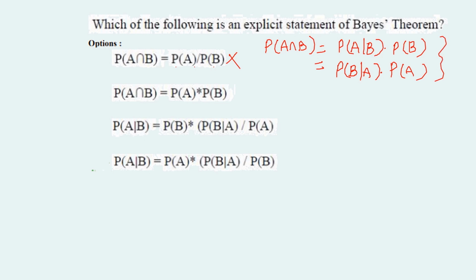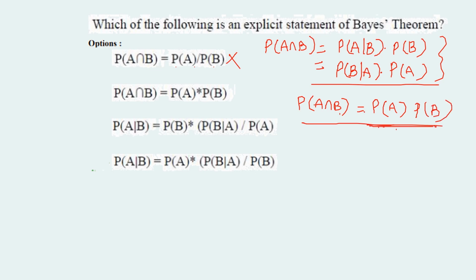For independent events, probability of A intersection B is P of A times P of B. So this is for independent events, but they have not given whether this question is about dependent or independent events. They have exclusively asked about Bayes theorem, the explicit statement of Bayes theorem.